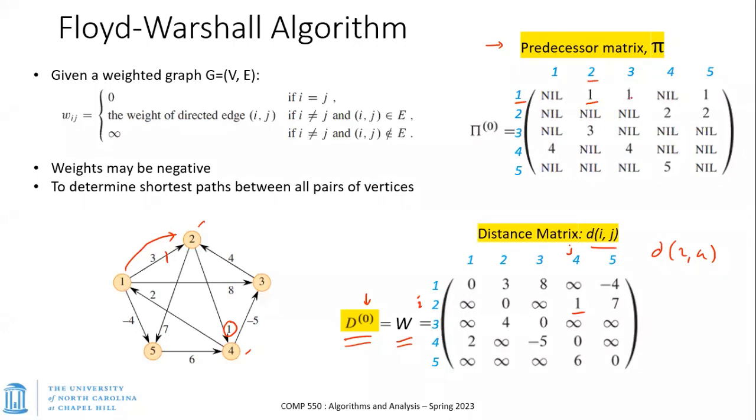Similarly, if you want to go from 1 to 3, you have a direct edge whose weight is 8, and so the predecessor is the vertex 1 itself. And where you don't have a direct edge initially, the predecessor is defined to be nil. So going from 1 to 4, there is no direct edge, so the predecessor is defined to be nil. Hopefully so far so good.